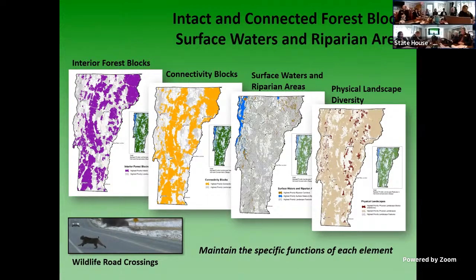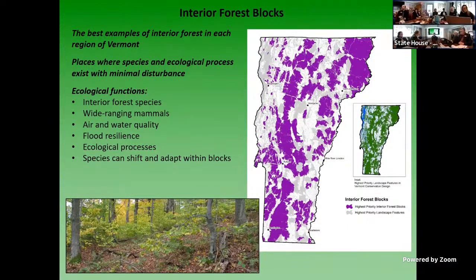But places where wildlife can easily move across roads are critical to having that connectivity around the state. And so we've highlighted sections of road where cover comes right down on either side, and there's good opportunities for connections between those forest blocks. I'd like to show you how these individual pieces work. Representative Smith has a question.